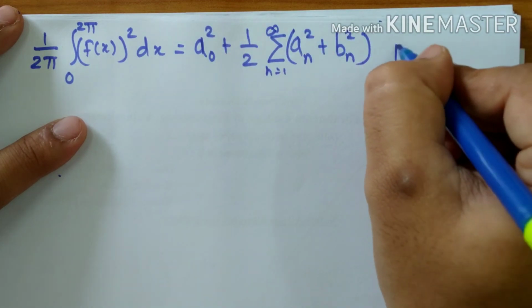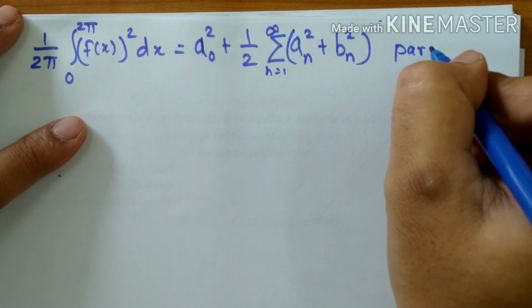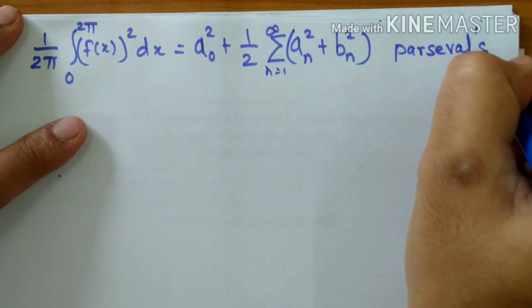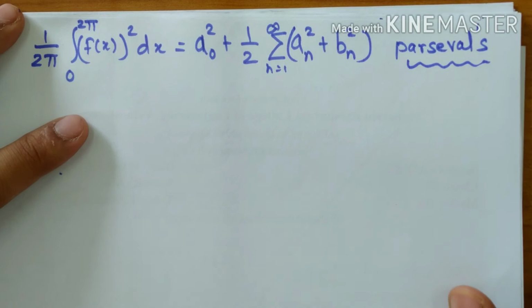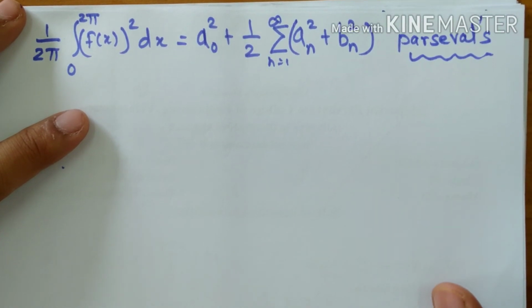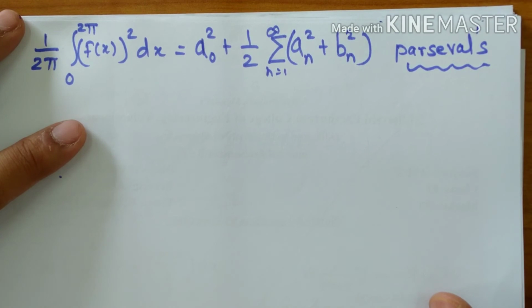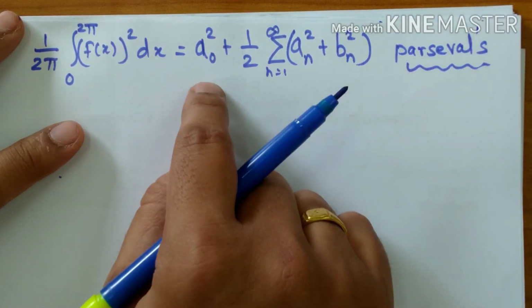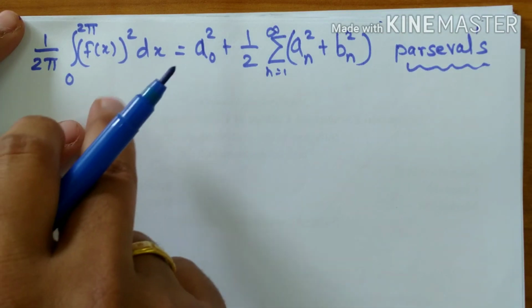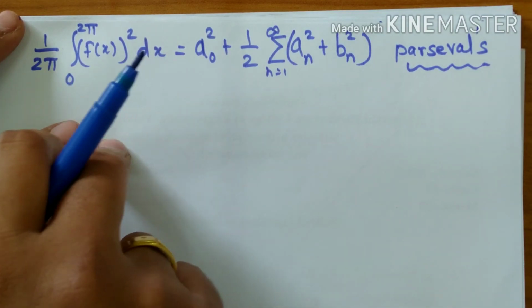So this is called Parseval's identity. So whenever you have to work out a deduction where you need either a naught square, an square or bn square, you will follow the Parseval's. So this is our second deduction.